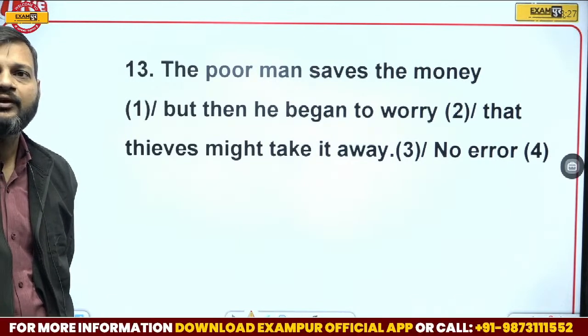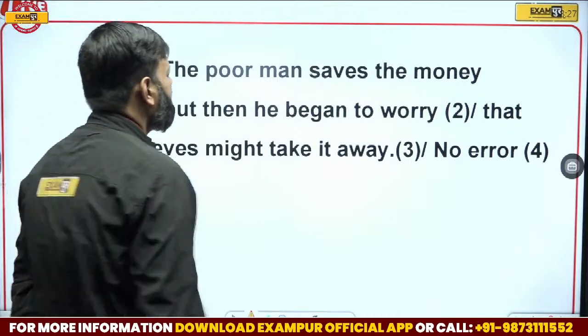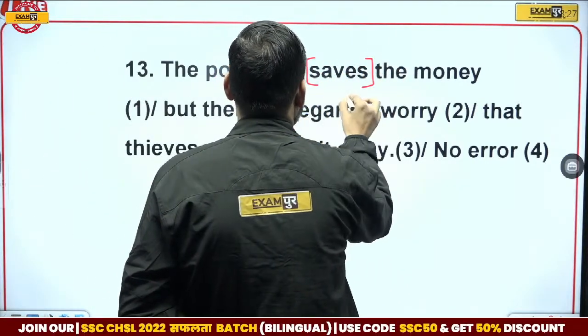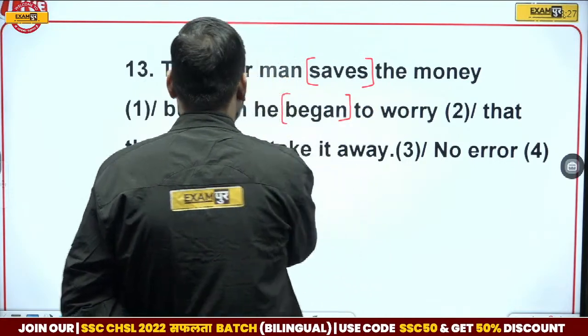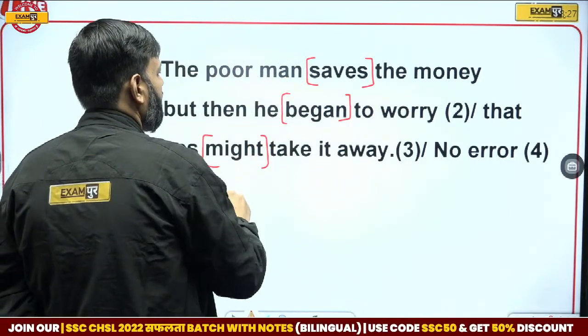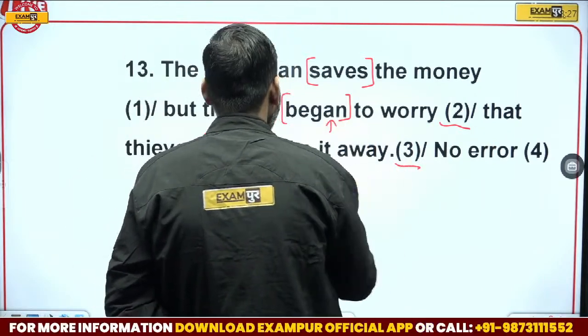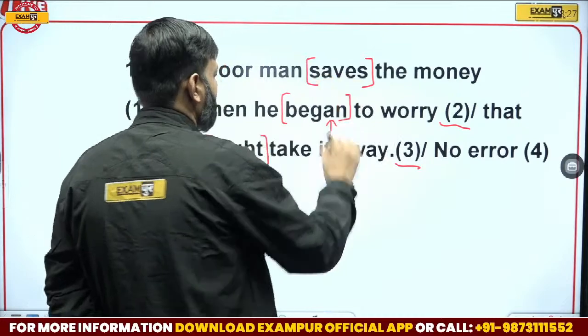See, in this sentence, here we have present tense, here we have past tense, and here also we have past tense. So in part B we have past tense, in part 3 we have past tense, but in part 1 we have present tense.